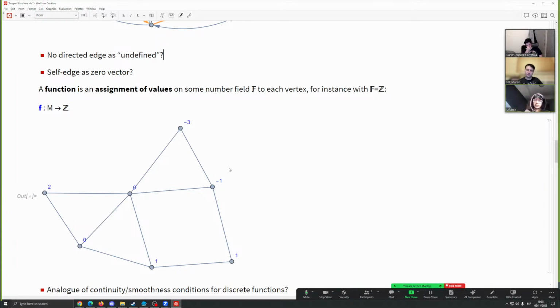So the analog of a smooth function on this discrete line would just be the smooth function defined on those values. It's like I'm interpolating the smooth function by defining it on a set of values.